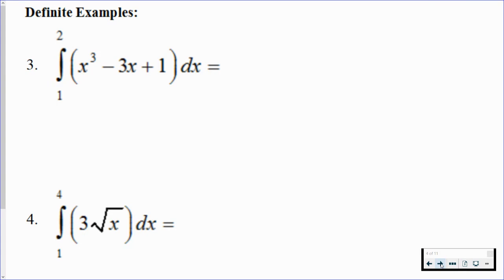Third example here, the integral of x cubed minus 3x plus 1 from 1 to 2. Okay, so the integral of x cubed is x to the fourth over 4, minus 3 is a constant. The integral of x is x squared over 2, plus the integral of 1 is just x.